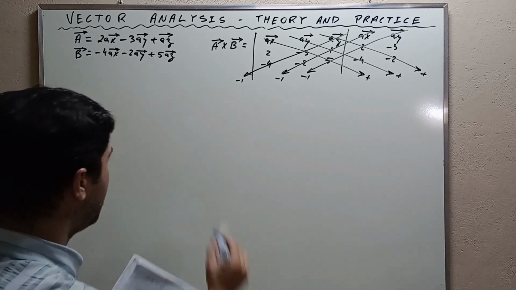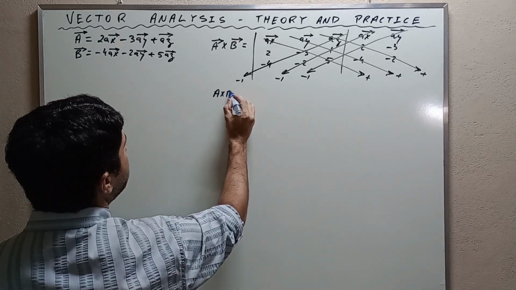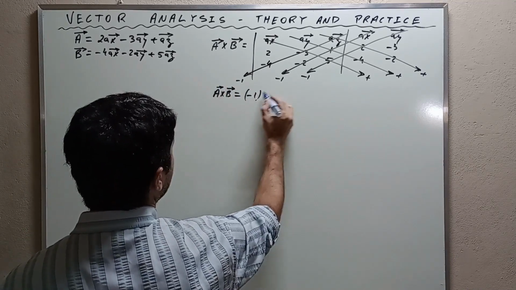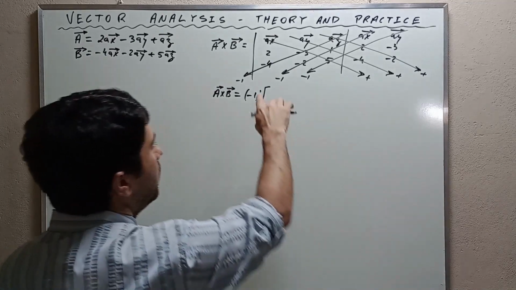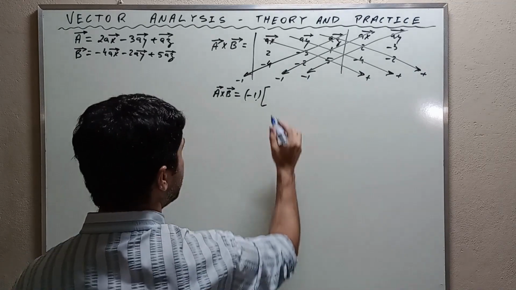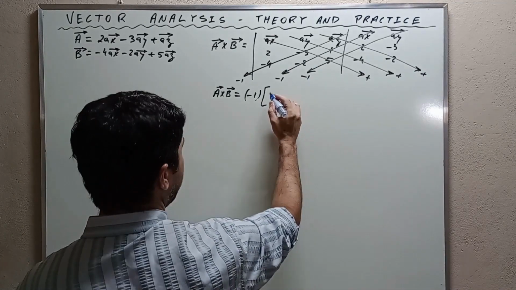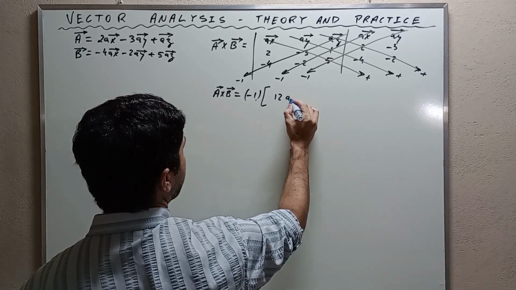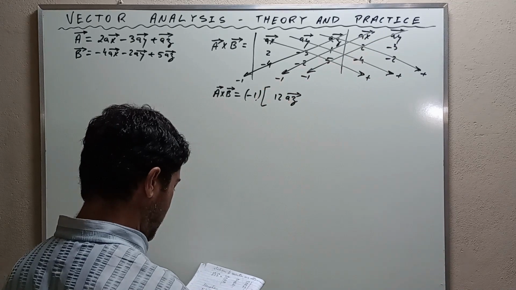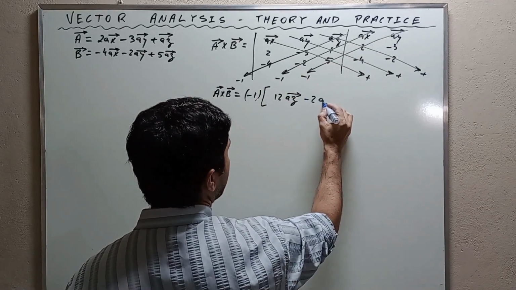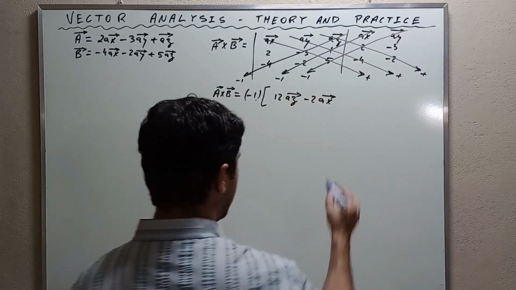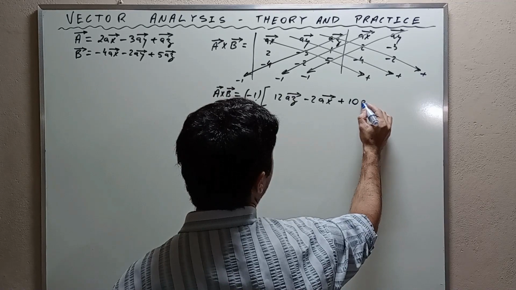In this way, A cross B will be equal to -1 times this product here, which is 12 in the z direction, this product here, which is -2 in the x direction, and this product here, which is 10 in the y direction.